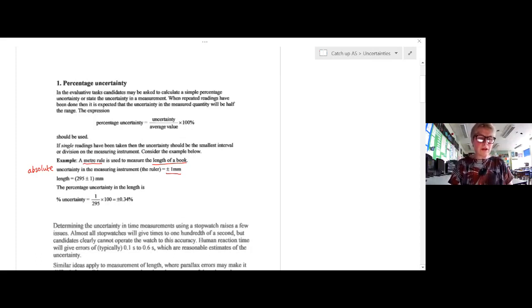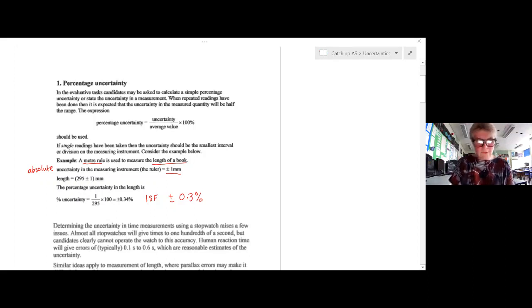So if we want to find out the percentage uncertainty, we take the absolute uncertainty and divide it by whatever reading you get, and then times by 100%. And we get plus or minus 0.34% in this case. And really, we should write this percentage uncertainty or absolute uncertainty to one significant figure, so plus or minus 0.3% will suffice.